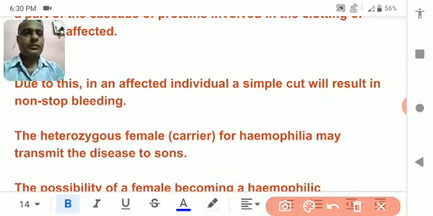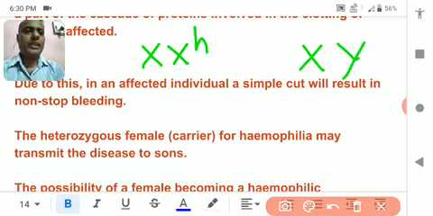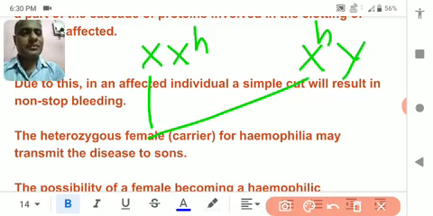Suppose here the girl is a carrier and here the boy is hemophilic. So if this X comes with this, it gives a hemophilic.